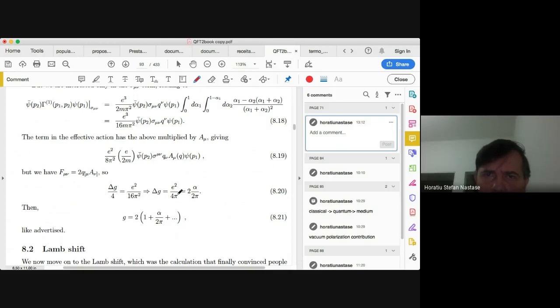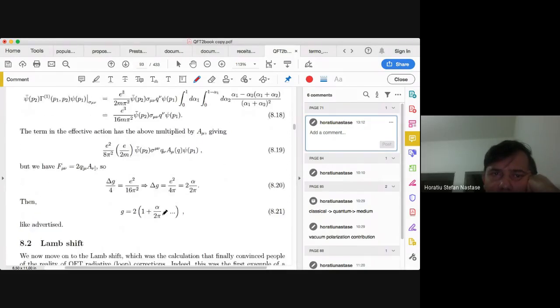Yeah, here I have e squared over 4 pi squared. So alpha is e squared over 4 pi, and so the correction is alpha over pi, and I multiply and divide by 2 just to give a common factor. So the correction to 1 in the bracket is alpha over 2 pi.